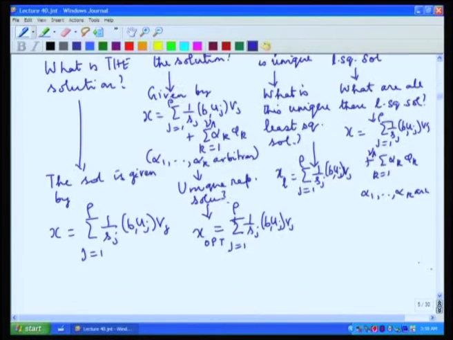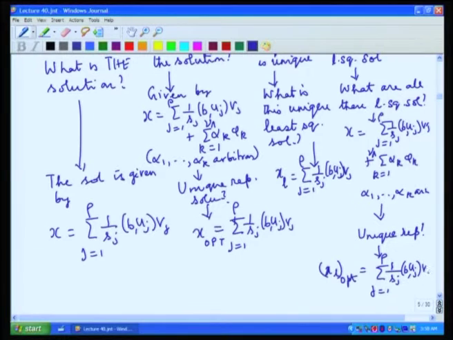So, then we ask, what about a unique representative? And we had the answer, we had x l optimal, the least square solution optimal, which is given by summation j equal to 1 to rho, 1 by s j b u j v j.